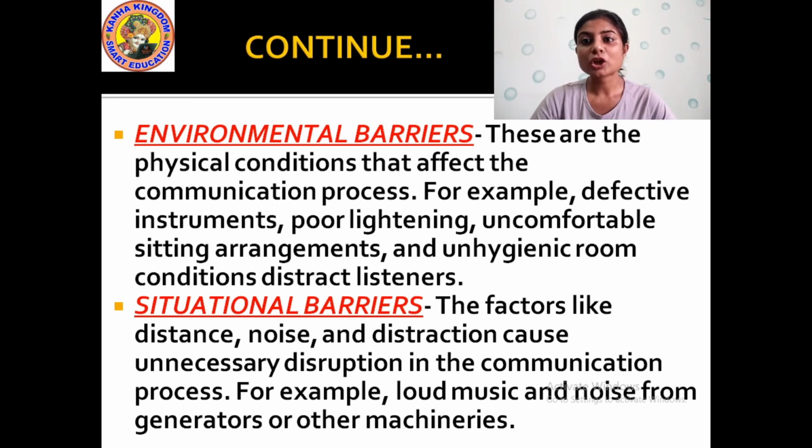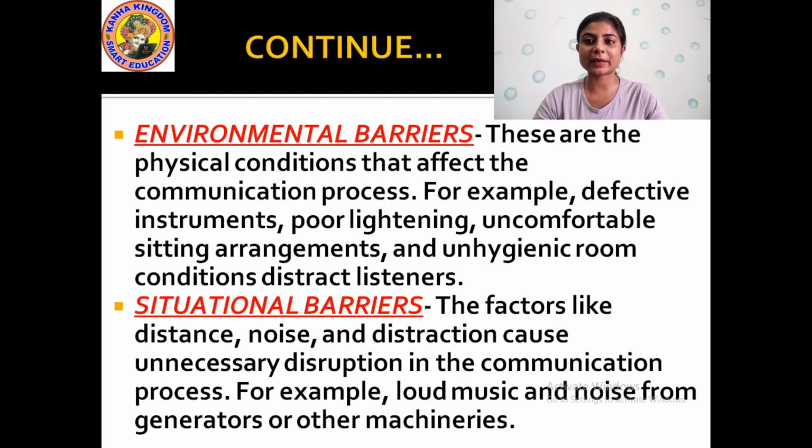If you are using a microphone to convey your message to a group of audience, and the microphone is defective, you will not be able to convey your voice or your message to the people because they will not be able to hear it properly. Poor lighting: if you are standing in front of a poor light and the audience cannot see you or hear you properly, that will be a miscommunication.